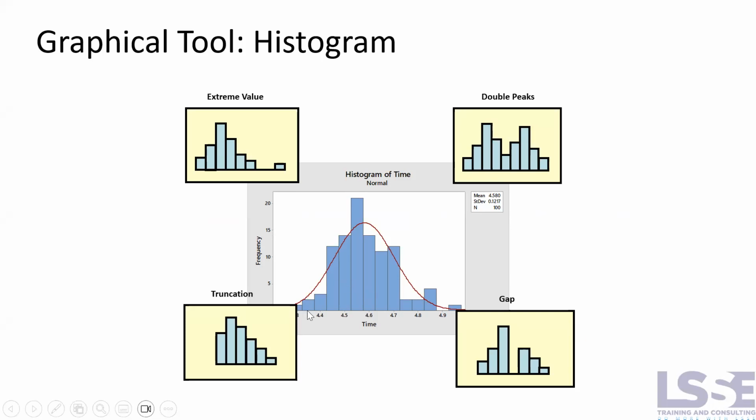But ideally, if you have lots of data and there's nothing wrong with your process, then the histogram should somewhat mimic the shape of a normal distribution. Okay, so a process that is consistent and stable would have a histogram that is peaked in the middle and tapers off on both ends.